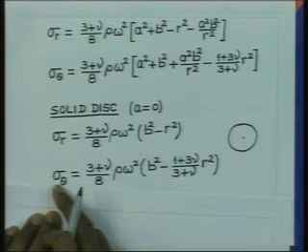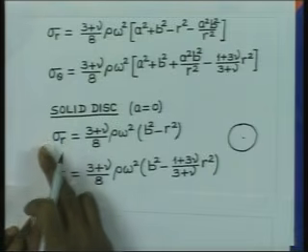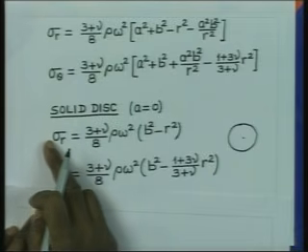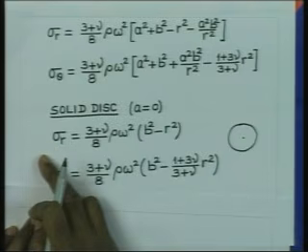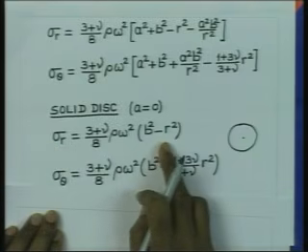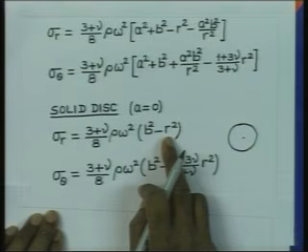The radial stress, if we try to see its variation, d sigma r dr, that slope is going to be proportional to minus r.